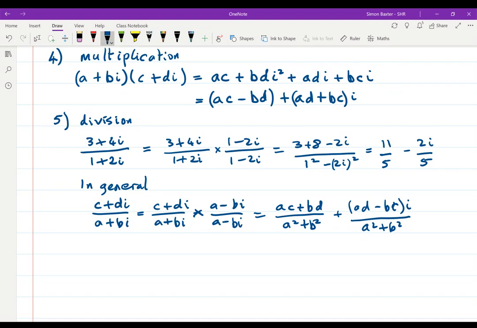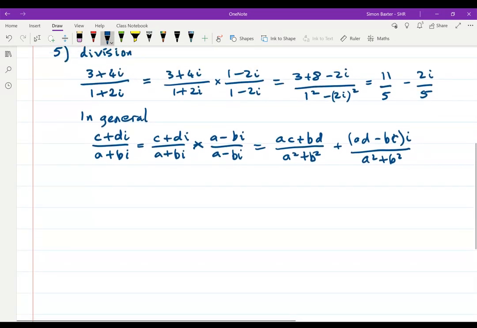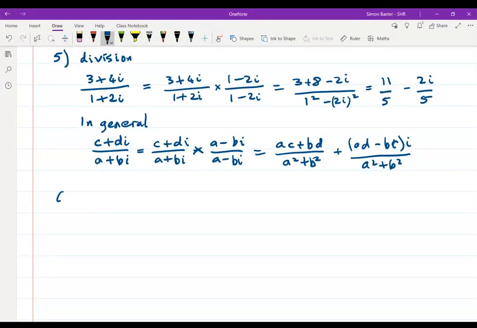All right, now we've seen this number a minus bi, and this has one or two more uses than just in division. And we define the complex conjugate.